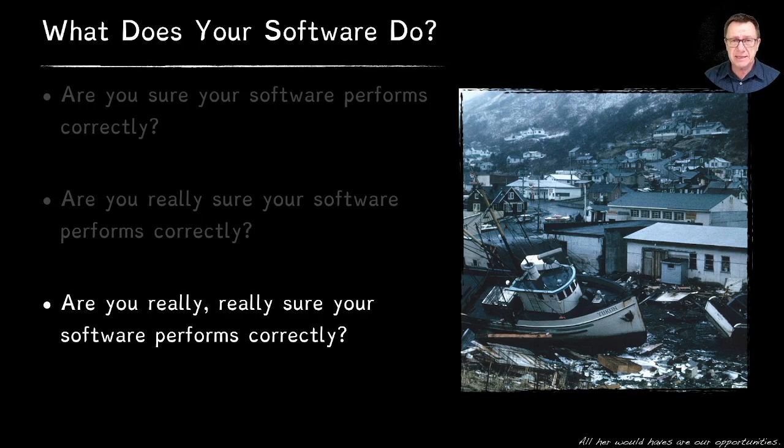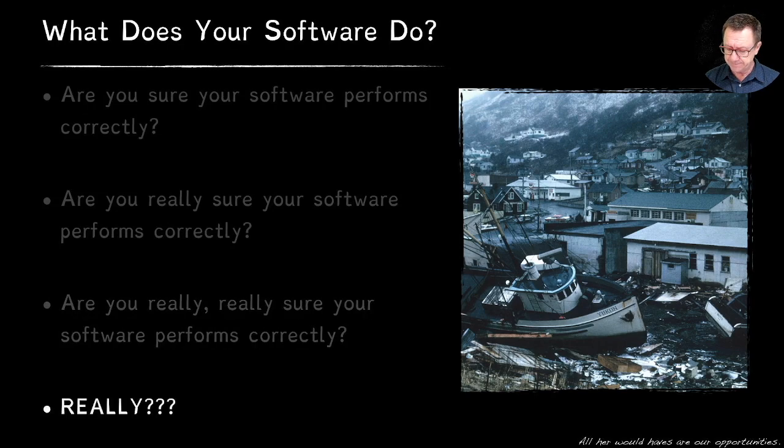Things that you need to be thinking about. Does your software perform in the conditions that it's presented with as expected? Does it do what it's meant to do when it's meant to do it in the way it's meant to do it? If it doesn't, we've got a problem. Really? Absolutely.